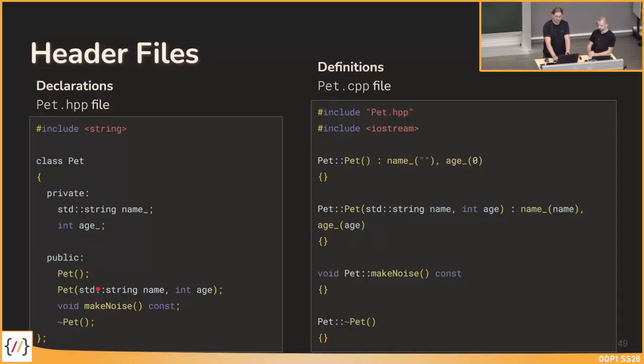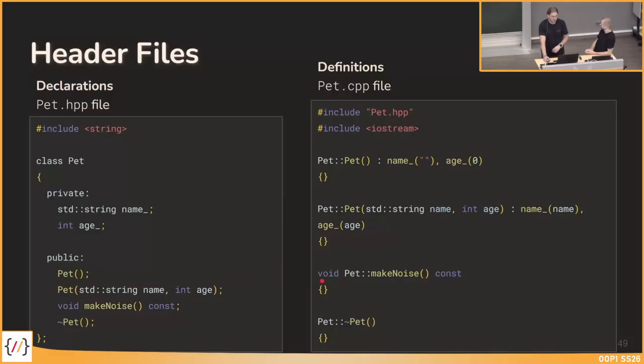Because this will then happen in our CPP file, again, we have to include the pet.hpp, so the name of this header file, and then we can actually define our, for example, constructor here, so the default constructor, but also another constructor that we have declared here.